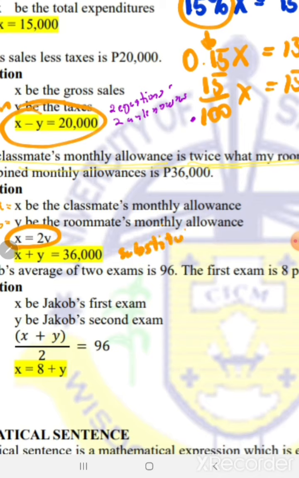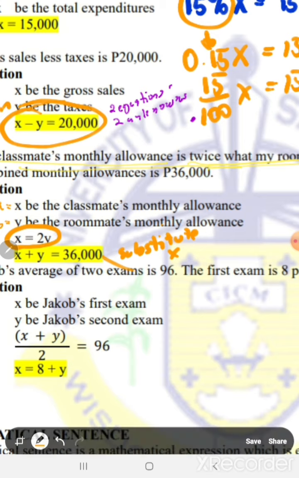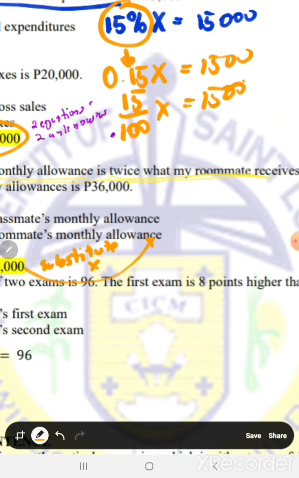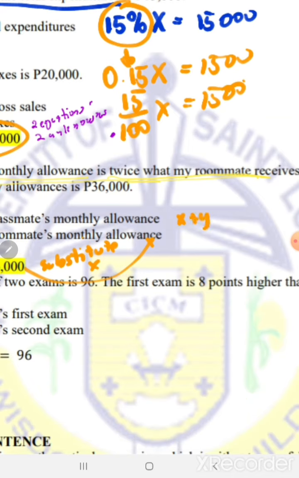Substitute X, where you will get an equation equal to X plus Y is equal to 36,000. Accordingly, your X is equal to 2Y, plus Y is equal to 36,000.